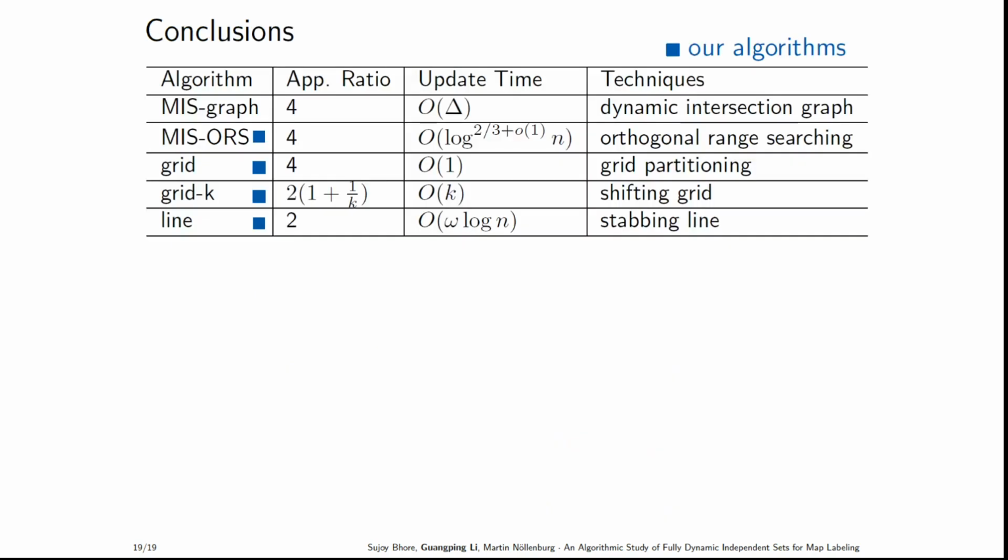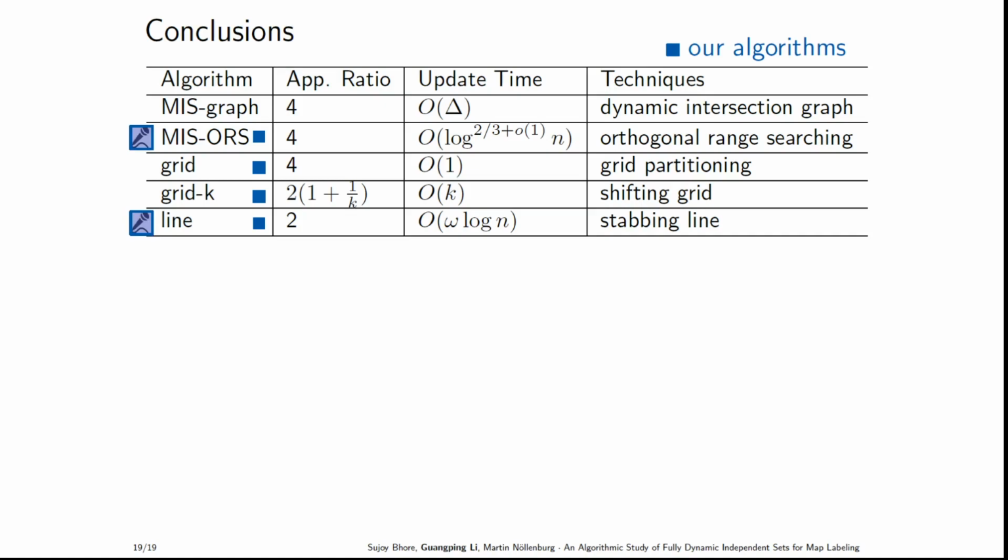In this study, we investigated independent set problems on a dynamic set of rectangles. We designed and implemented algorithms that demonstrate the trade-off between update time and the approximation factor, both from a theoretical perspective and in an experimental evaluation.